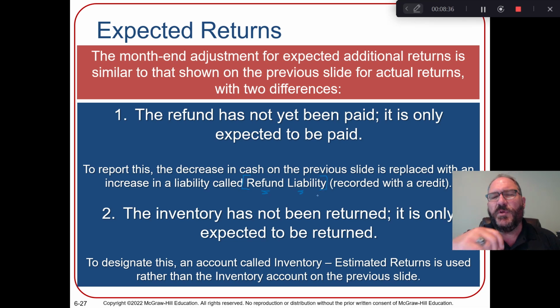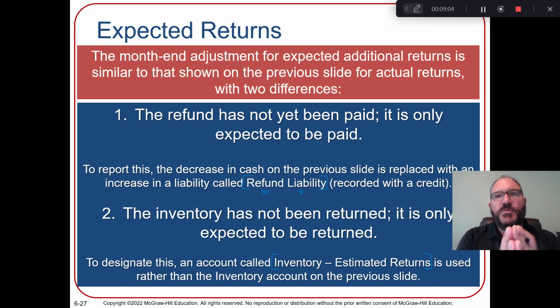Now what they're doing here, they're estimating the refunds. Okay, because remember, we want to try to put the most accurate numbers together. Remember, it's only estimated, and so they have this thing called inventory estimated returns. And the reason that they do this is because over time, like a company like Walmart, after a while you get to know approximately how much will wind up being returned.